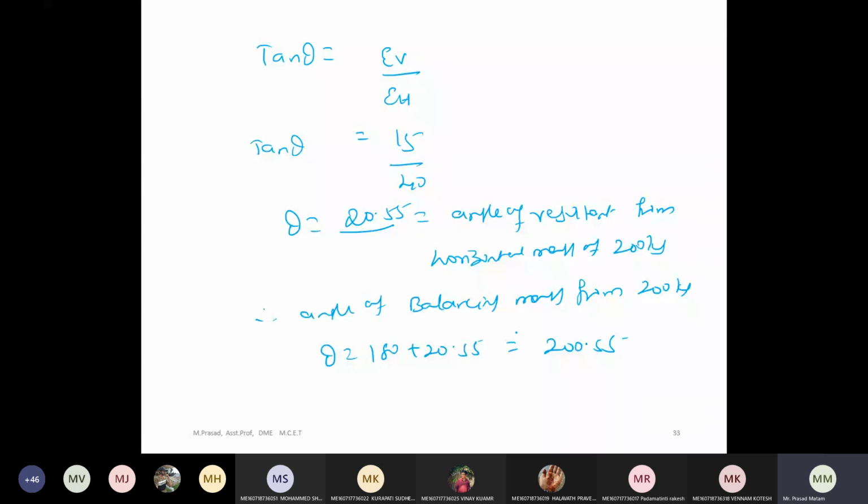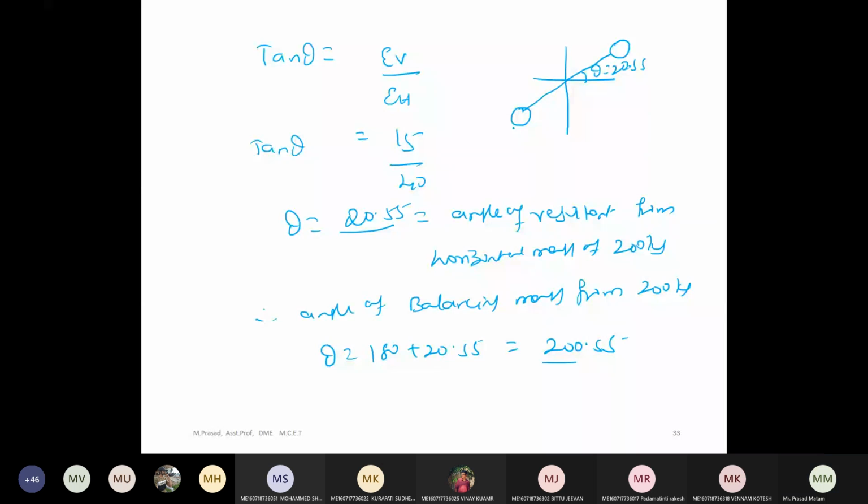200.55. So you can keep the balancing mass in the first quadrant, or you can keep the balancing mass in the third quadrant. You got it? Suppose these are my quadrants, where the balancing mass has to be kept with respect to this mass, somewhere I am getting here theta equals 20.55. This portion also I can keep, or exactly opposite to this one.